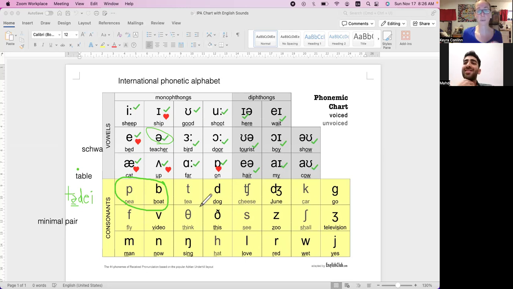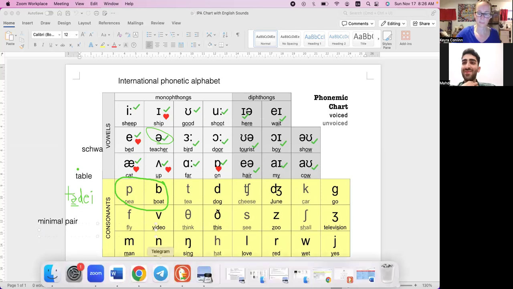This is all really important because it's used for sounding out words. Okay. So P and B. If we put them together as a minimal pair, we could have the words pat, like a pat on the back, and bat, the flying creature.